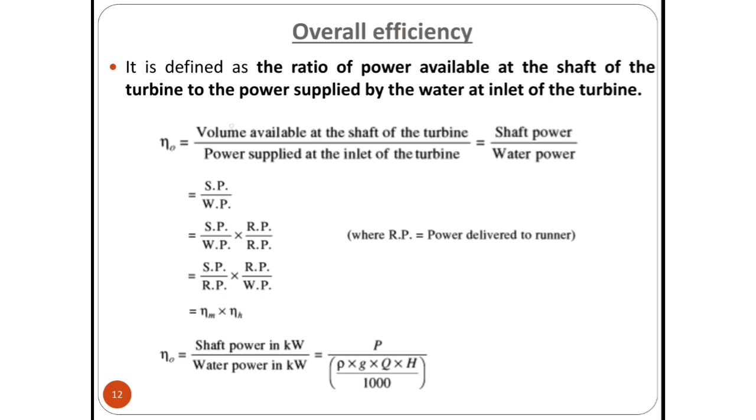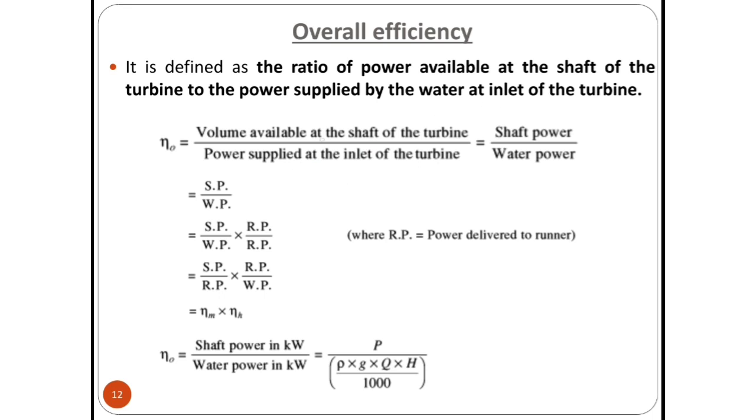The initial input is the power supplied by the water, and the output is the rotation of the shaft. So we can write eta naught, the overall efficiency, as equal to power available at the shaft of the turbine divided by power supplied at the inlet of the turbine.